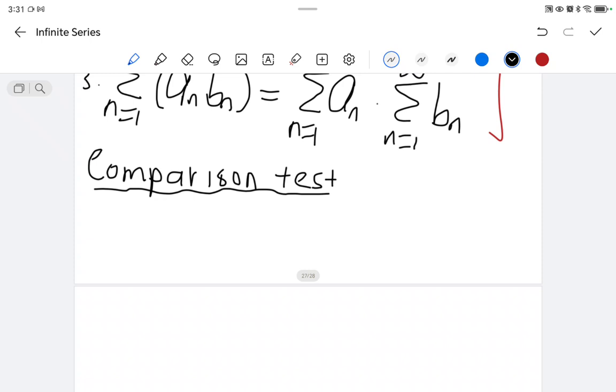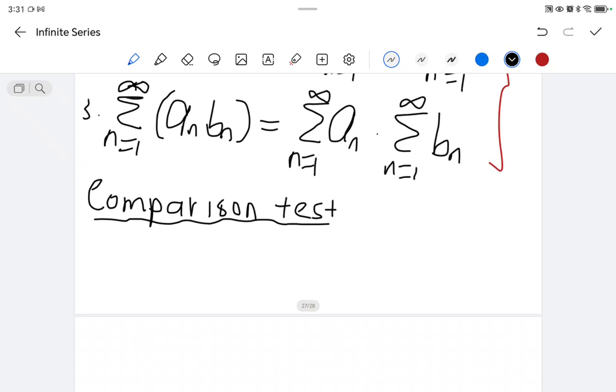We discussed the comparison test, and also the limit comparison test. Everything is still the same. We just need to now remove those limits and put the summation as I showed you on this part, right?